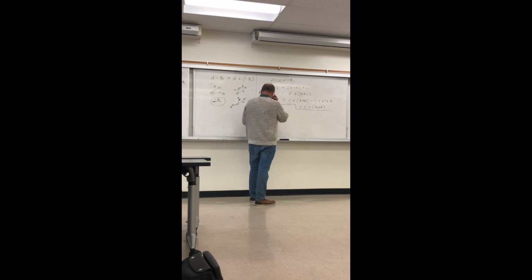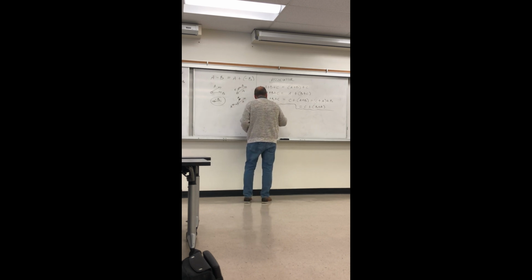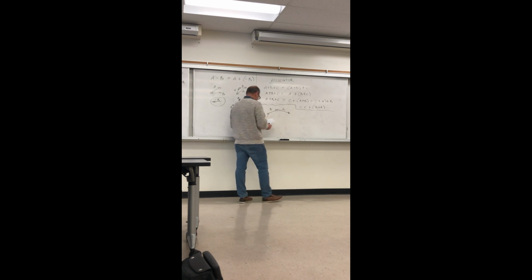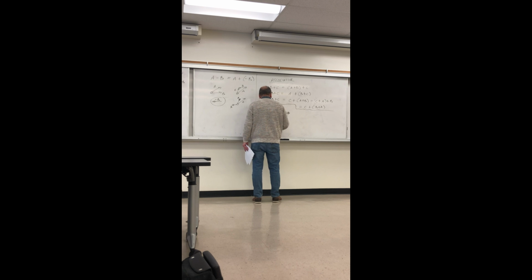So let's draw down here. Here's our starting point. I have vector A here, vector B, and vector C, something like that. A plus B plus C is this resultant, right? Like that.